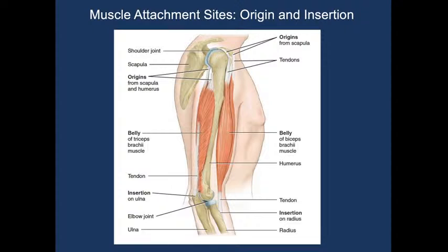Typical skeletal muscles have origin and insertion, and when a skeletal muscle contracts, it moves to these points, origin and insertion, and moves bones.